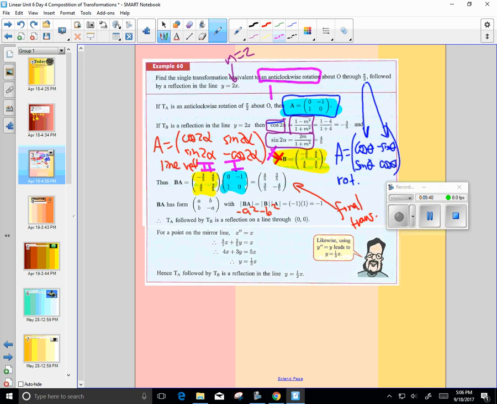Oh, I'm sorry. It's negative 16/25 minus 9/25. Negative 16 minus 9 is negative 25/25. Well, there's your negative 1, right? And a negative 1 determinant means that it's a line reflection.